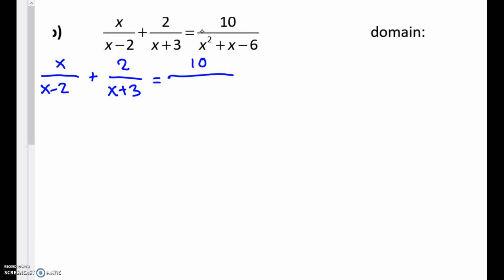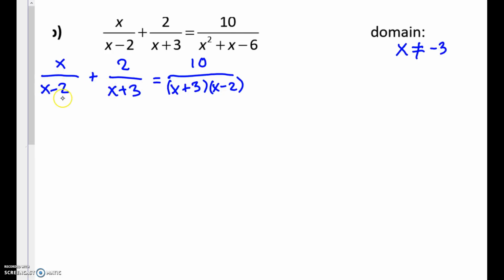I want two numbers that multiply to -6 and add to +1, an AC method, which would be x plus 3 and x minus 2. Well, you look over here, we've got an x minus 2 and an x plus 3. So my domain means that x cannot equal, well, if I made x -3, then this would be 0.